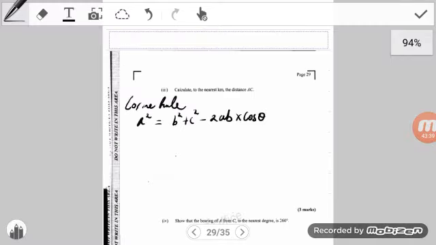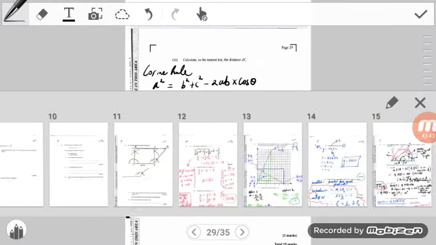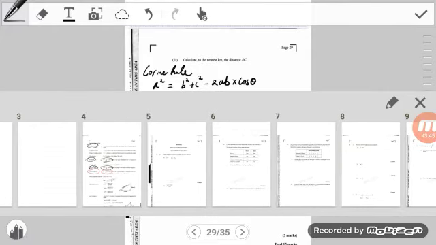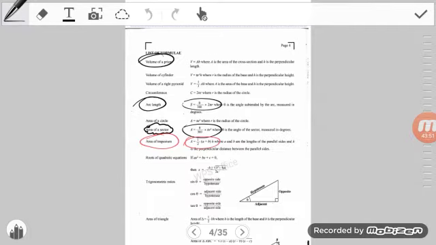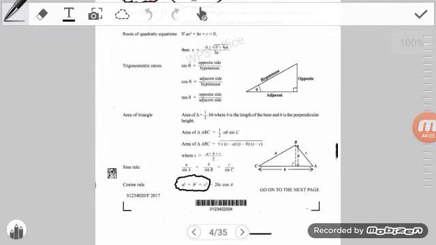Just to see where this formula is, we can check our formula sheets. Let's go down to the bottom of the page. There it is, cosine rule: a squared is equal to b squared plus c squared minus 2bc times the cosine of the angle made by the two sides, or the angle facing the unknown side.